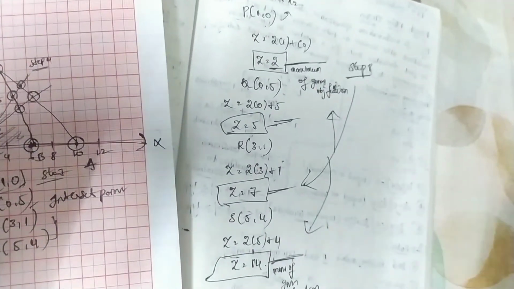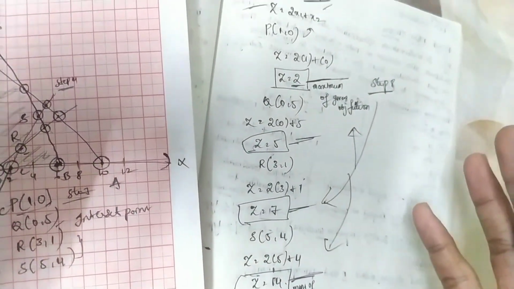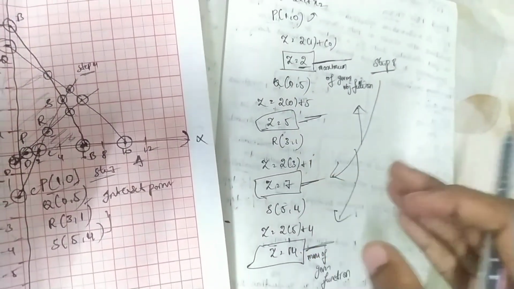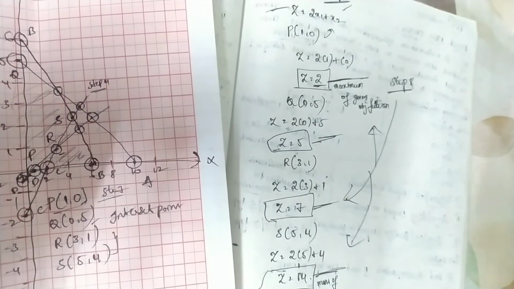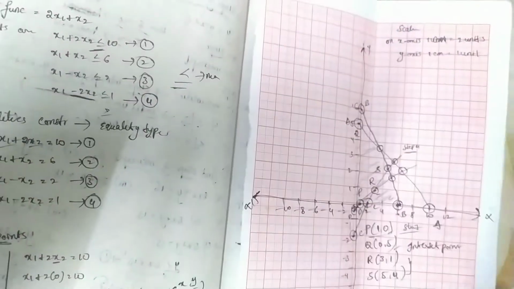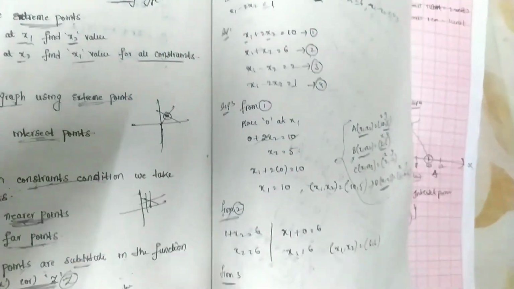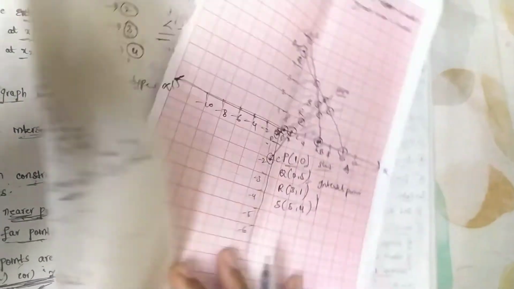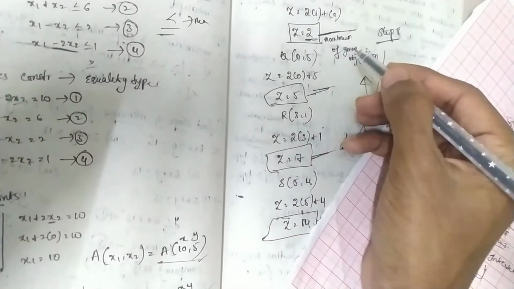And in step 8, from the z values obtained by substituting the intersect points in the z function, we take the maximum and minimum of z according to the question. If we want the maximum of z, we take the least value of z, that is z equals 2 is the maximum of the given objective function, and the minimum of the given objective function is z equals 14.